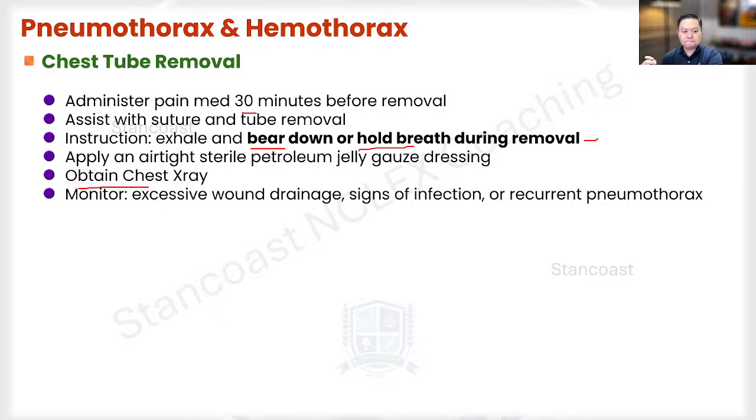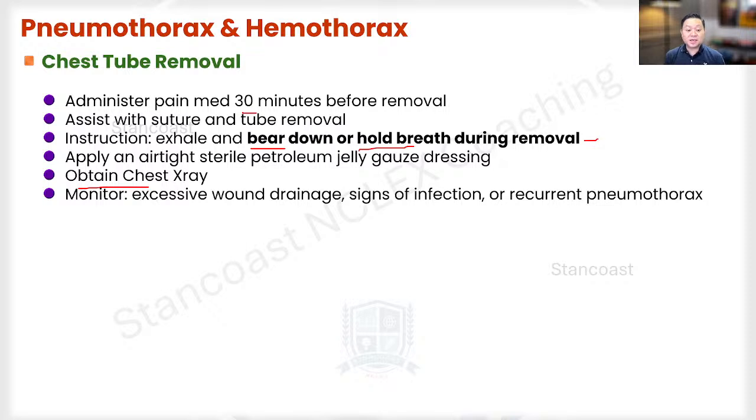Okay. Now, to recap everything with the chest tube, because this is probably going to show up in the NCLEX exam. How are you going to safely manage your patient with a chest tube? Well, you have to really identify those risks. Okay, what are those risks possibly?